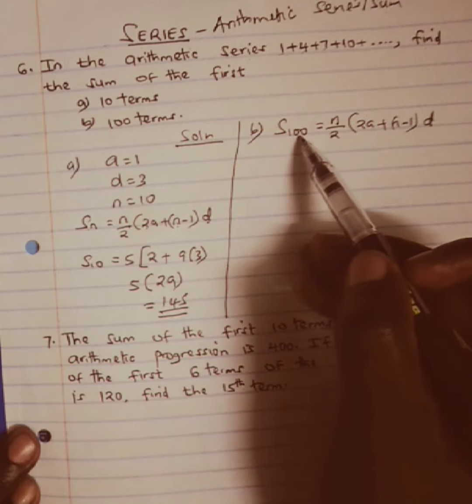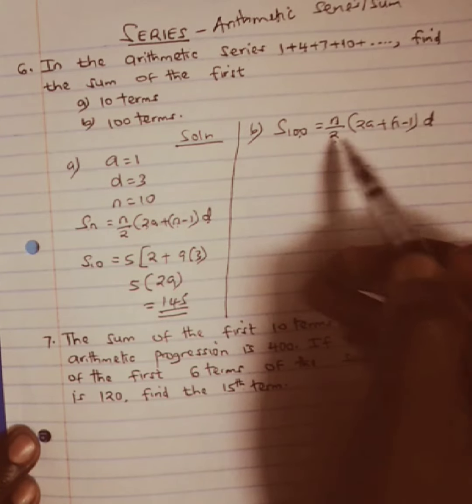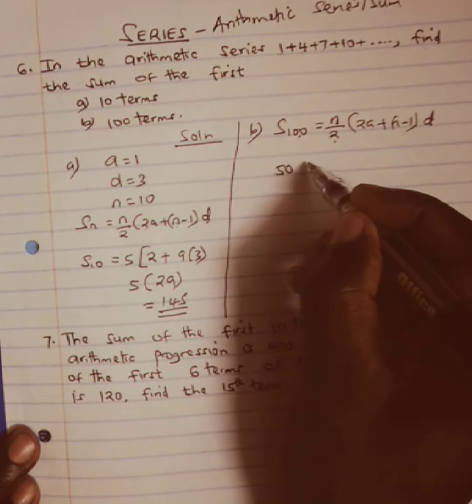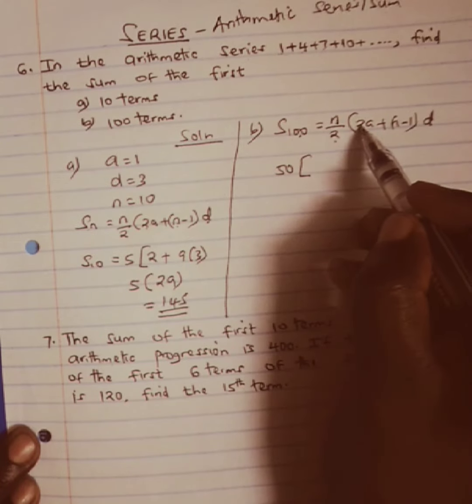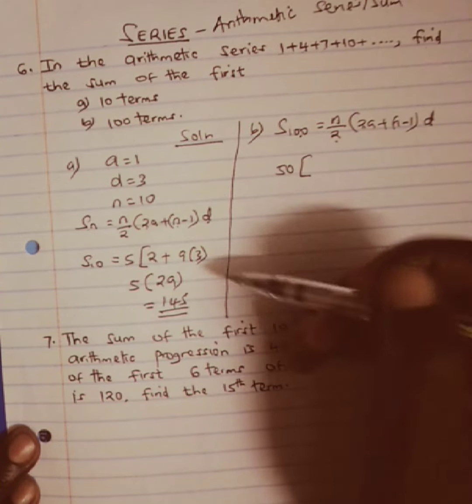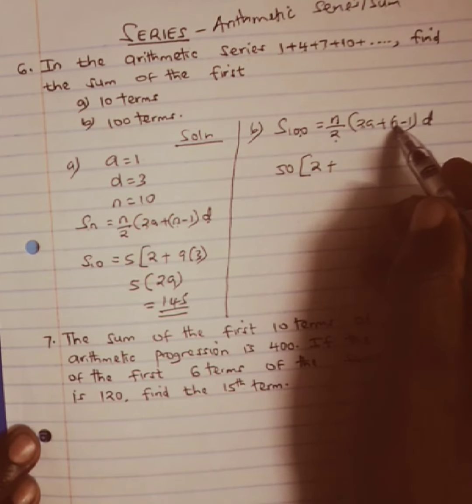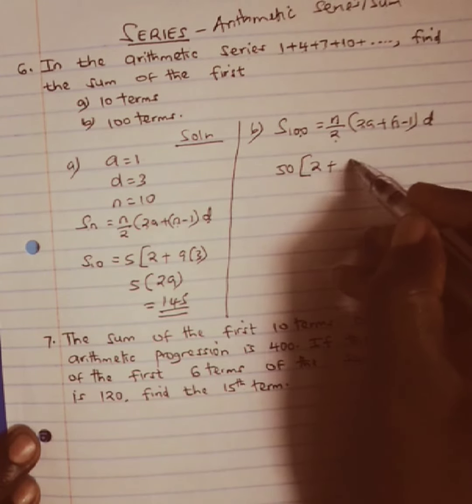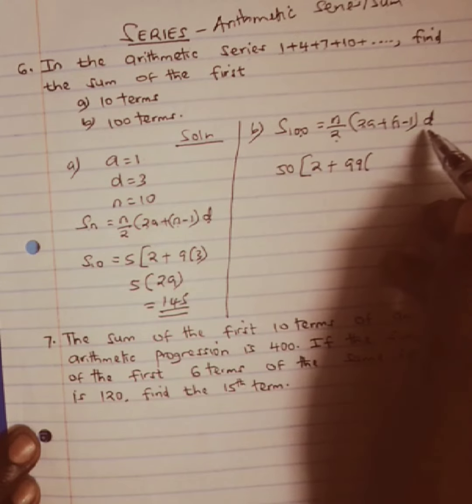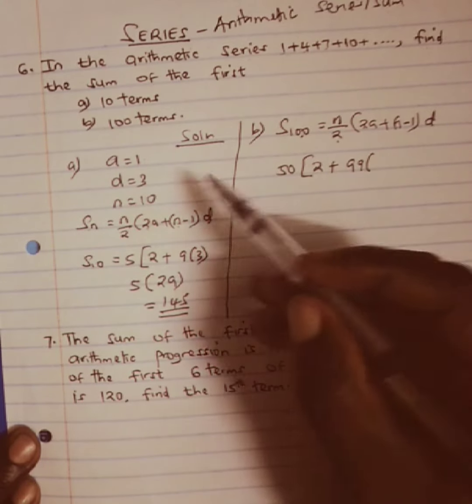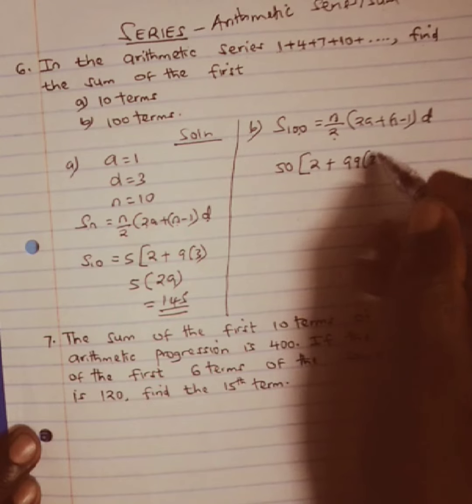Since our n is 100, if you take 100 divided by 2, you get 50, into, we have 2 times a, and our a is 1, so we are going to remain with 2, plus n is 100, 100 minus 1, you get 99, then we multiply by the common difference, which is 3.